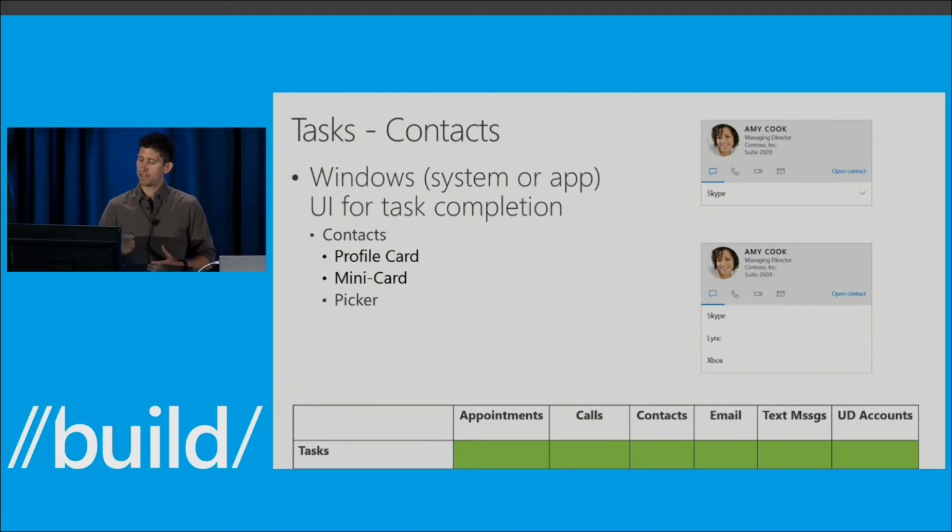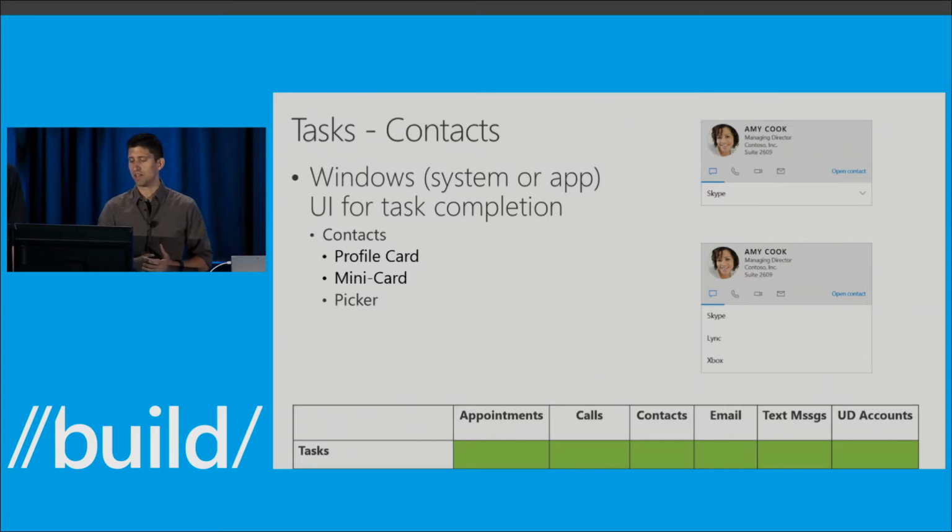What you can see on this is there's Skype, Lync, and Xbox listed there. So there are different choices, and those are actually different tabs, too. That's for messaging that you see right there. Then the user is able to make voice calls, video calls, or send email messages. And a little bit later today, I'm going to show you how to make it so that your application shows up there right alongside all of the Microsoft applications.